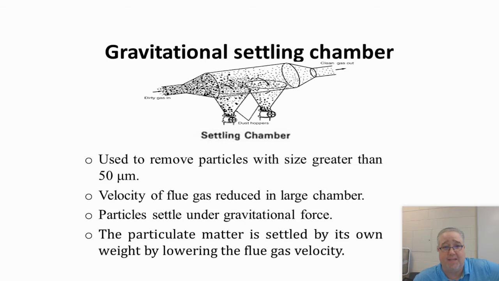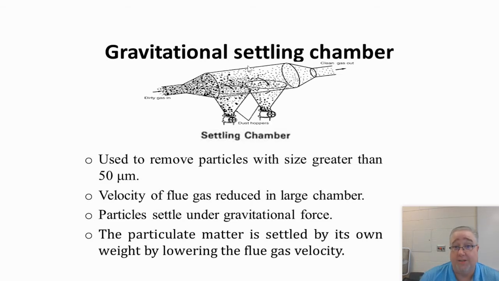So what happens in these, basically, is the gases pass through, and we have a special name for those gases. They're called flue gases. They're basically just exhaust gases from the factory. Those things would pass through it. But because of gravity pulling down on the heavier particles, those heavier particulates would just fall into what they call dust hoppers, and they just collect all those bigger particulates.